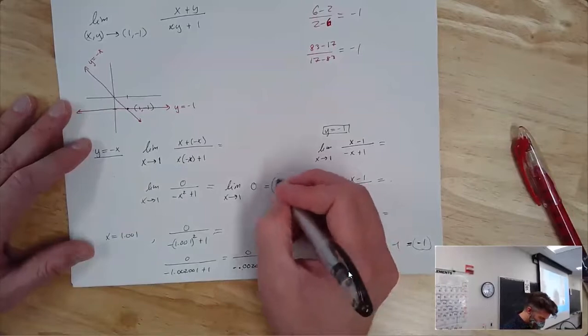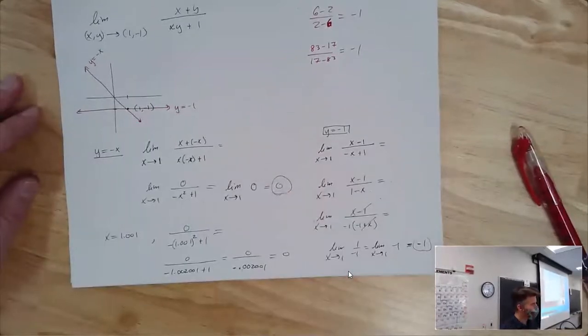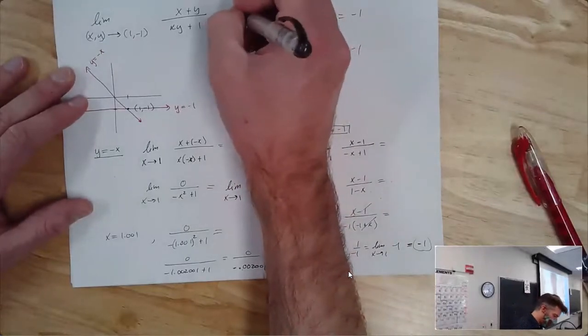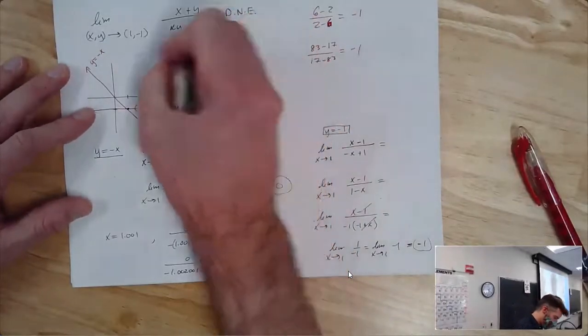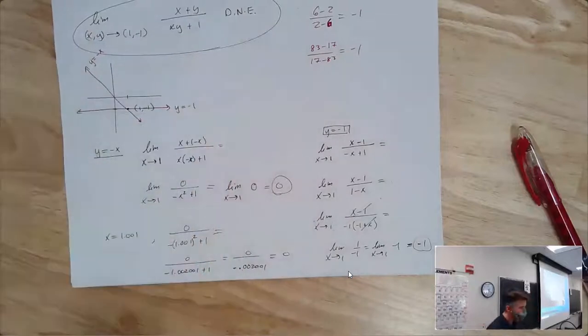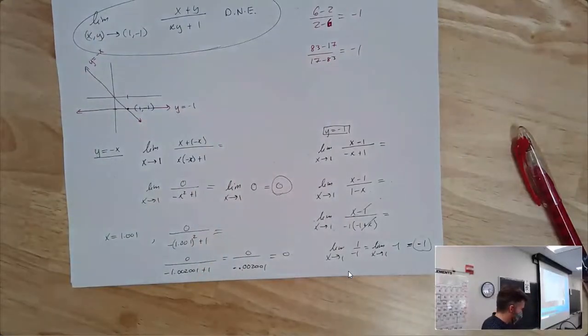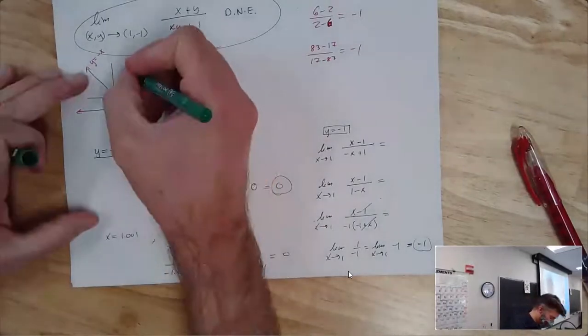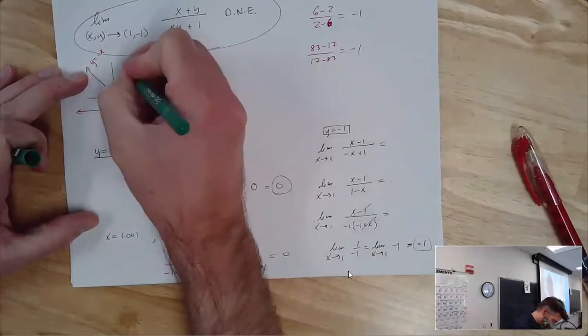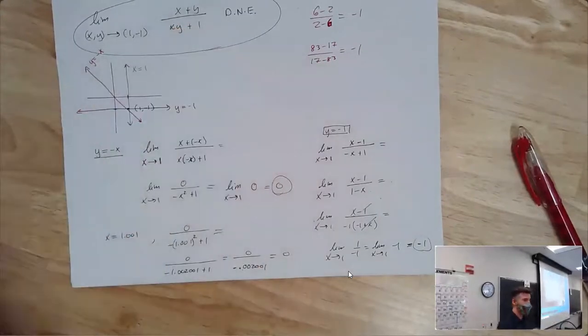And oh, look, different values. Our limit doesn't exist. Another good path to choose for this one would have been the path x equal to 1. That's another excellent choice of a path.